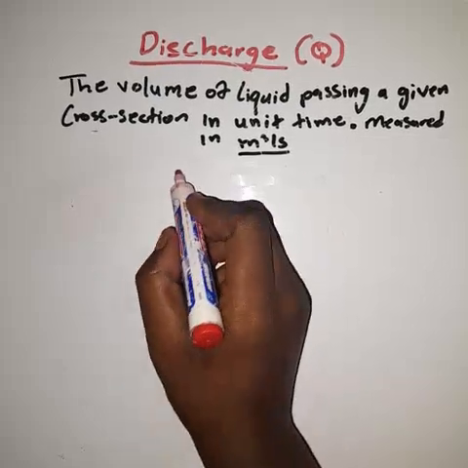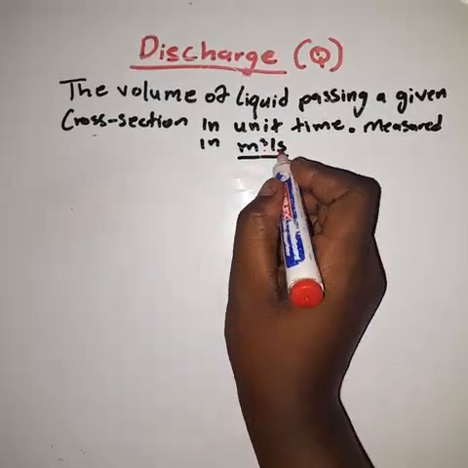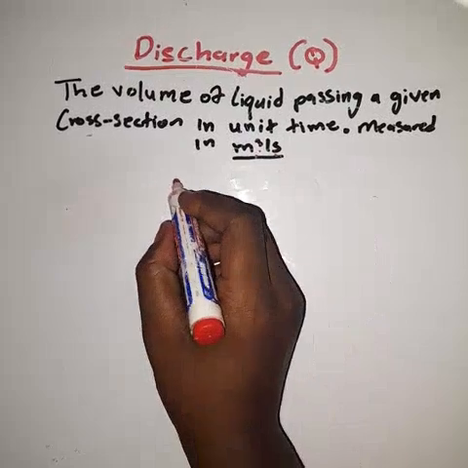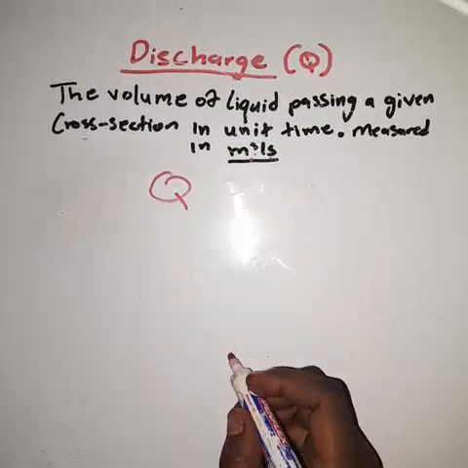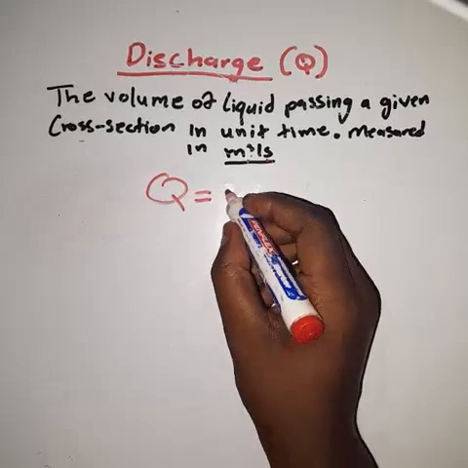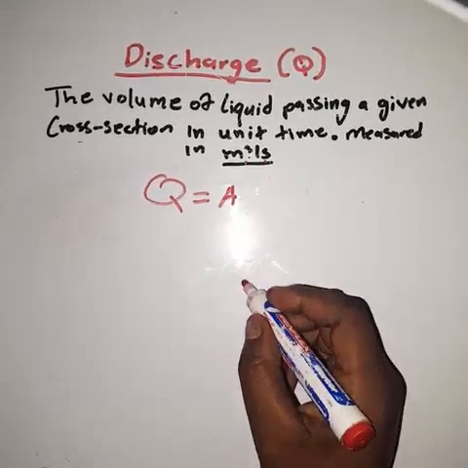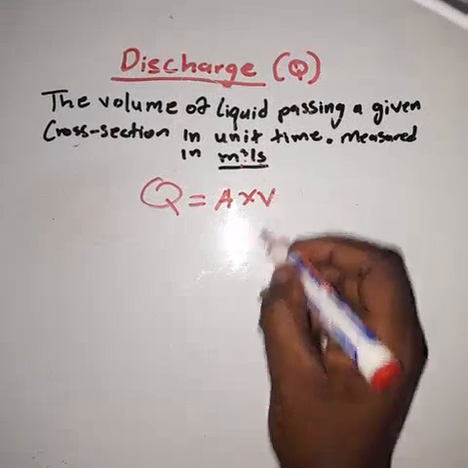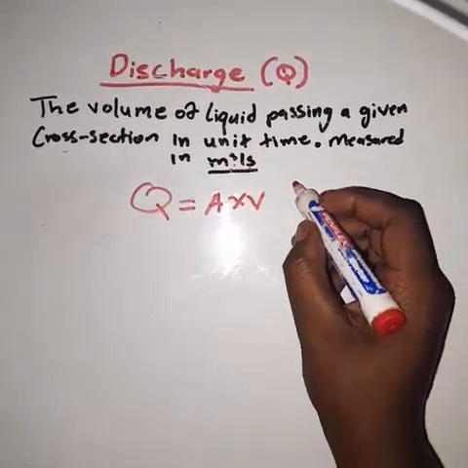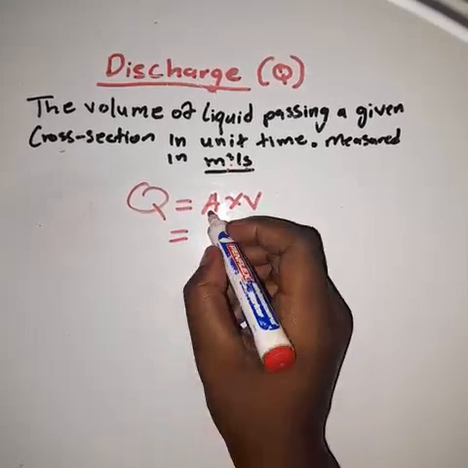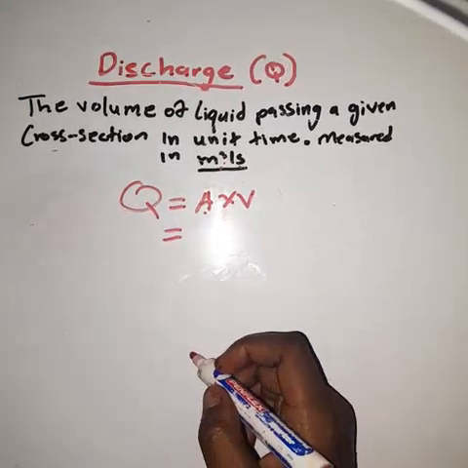How does that come about? We can tell from the SI unit that discharge is derived from the area multiplied by velocity. This is the area of the pipe.